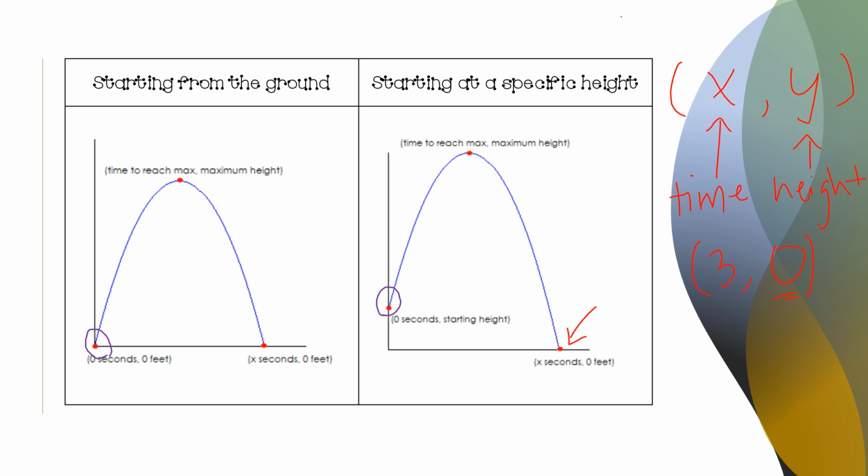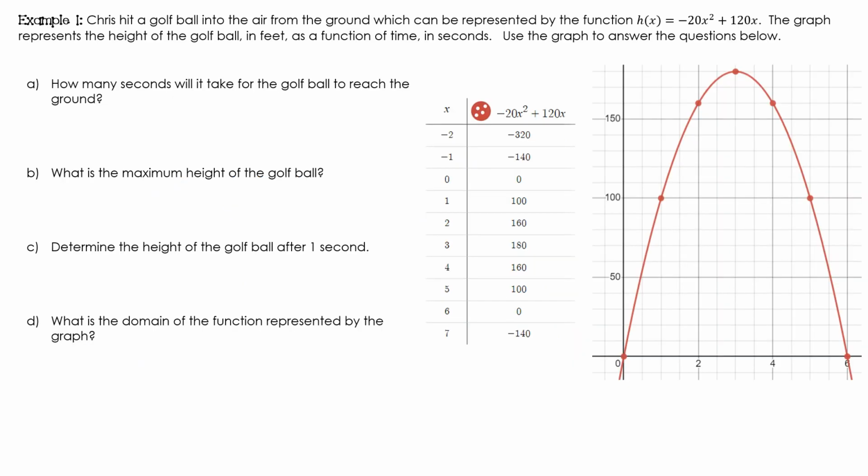Okay, so let's look at some examples. I would open up Desmos, the graphing calculator to be specific, and have it running simultaneously with this video, because we're going to use Desmos to find all of these answers. On this slide, I've already graphed the function that's given here in Desmos, and this is the result.